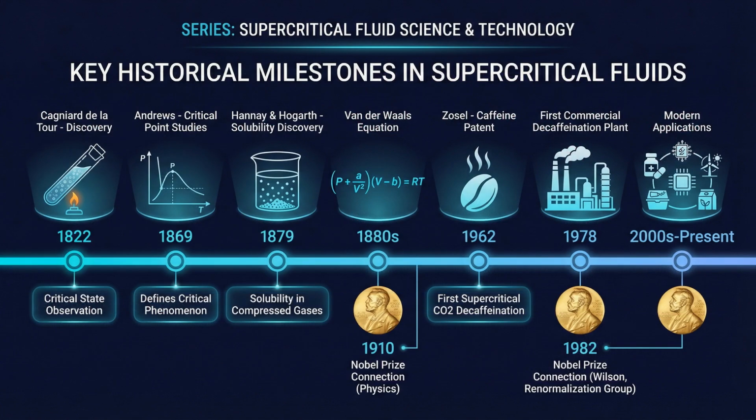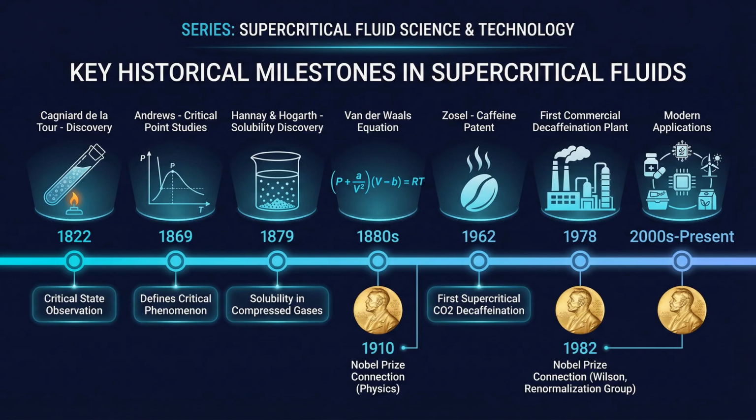The science of supercritical fluids has a rich history spanning 2 centuries. In 1822, Baron Cagnier de la Tour first observed the disappearance of the liquid-gas boundary when heating sealed tubes. Thomas Andrews conducted systematic studies in 1869, establishing the concept of the critical point. Hannay and Hogarth discovered the remarkable dissolving power of supercritical fluids in 1879.